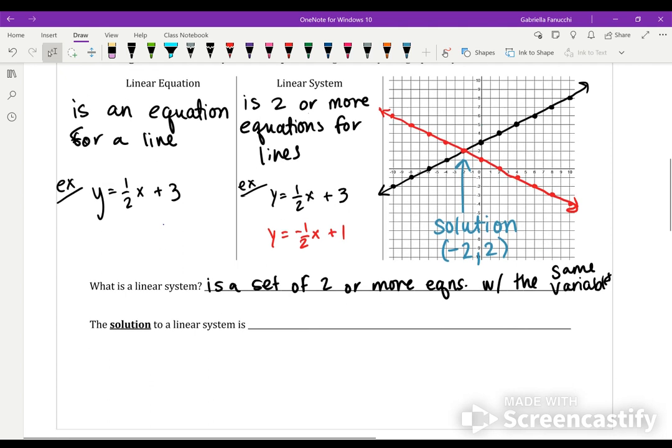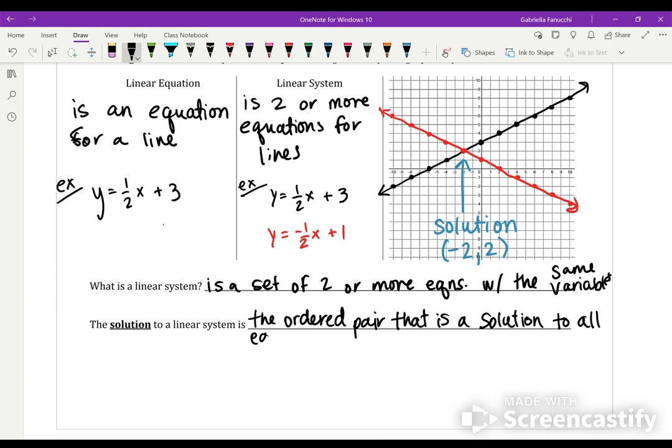So the solution to a linear system is the ordered pair that is a solution to all equations in the system.